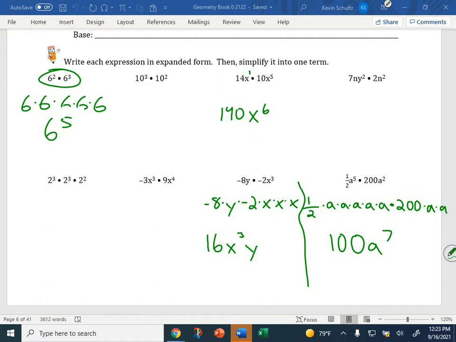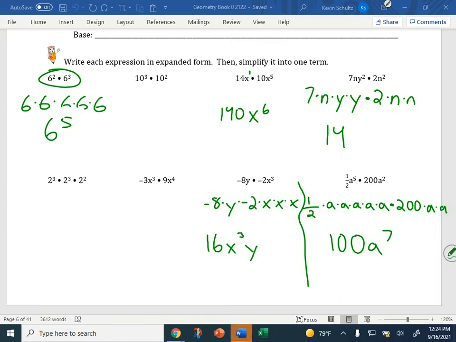Caleb? Can we do the 7ny? Sure. 7ny squared times 2n squared in expanded form. 7 times n times y times y. That exponent only applies to the y. There's only one 7, there's only one n. And then times 2n squared, which is 2 times n times n. So first we look for our coefficients, 7 and 2. They multiply to give us 14.